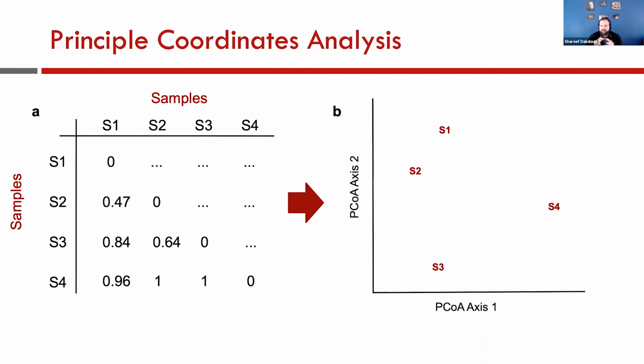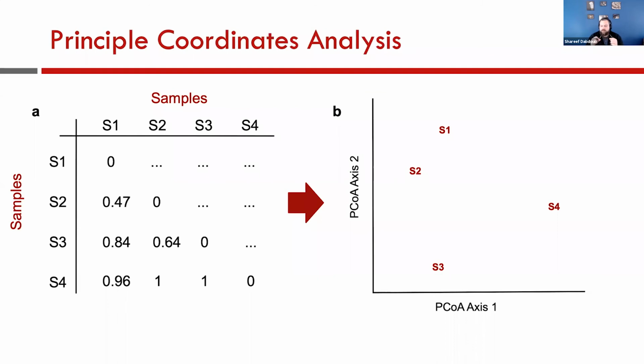So this in particular is a representation of the principal coordinates analysis of a Bray-Curtis dissimilarity matrix. So again, objects that are closer together have smaller dissimilarity values than those that are placed further apart on the plots.